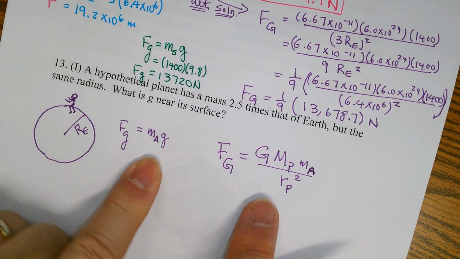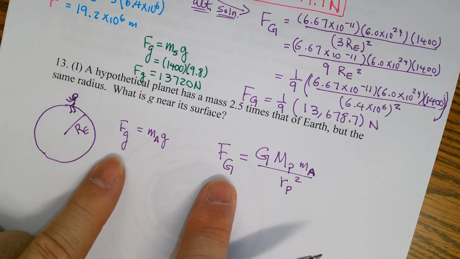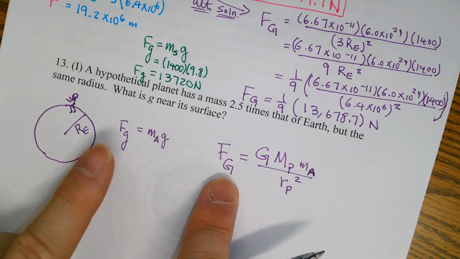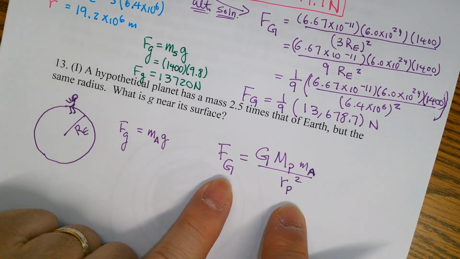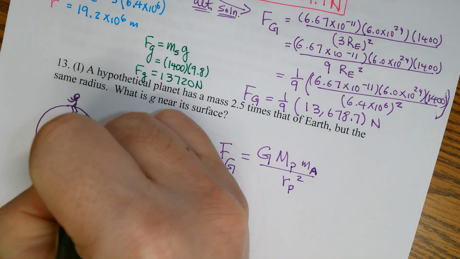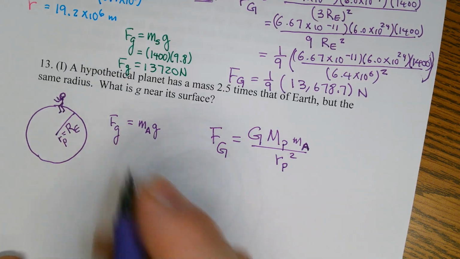Well, these two have to equal each other, because they're the same gravitational force. She's on the surface, and this is how you calculate the gravitational force on the surface. So the radius of the planet is equal to the radius of the Earth. So let's set them equal to each other.